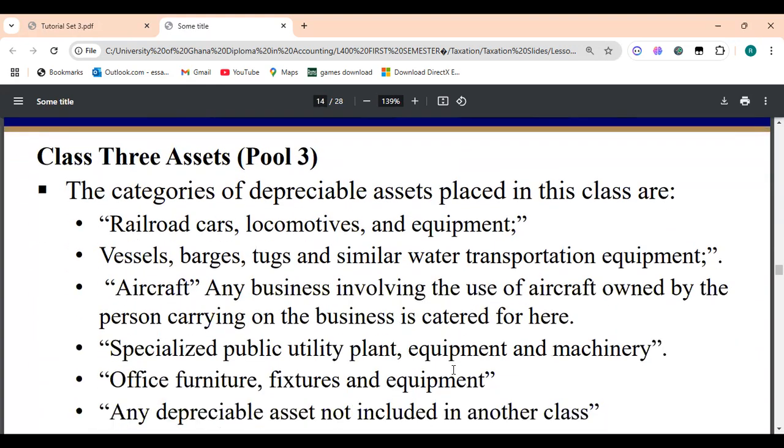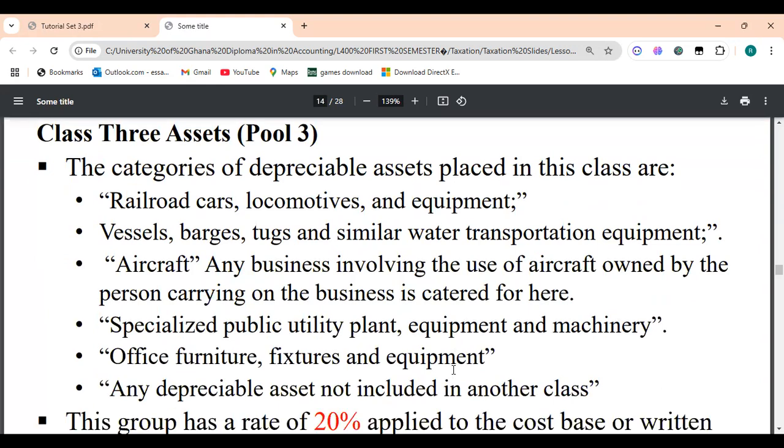So we have class 3 also here, which is the categories of depreciable assets placed in this pool: railroad cars, locomotives, and equipment. Vessels, these are more or less like water transportation items, like barges, tugs, similar things that work on water.